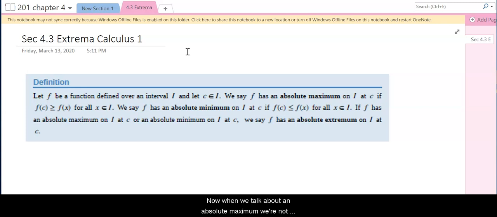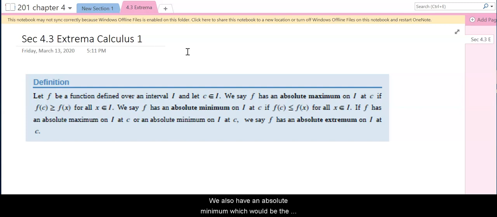Now, when we talk about an absolute maximum, we're not talking about the absolute value. What we're talking about is the highest possible y value anywhere on that graph. So if you think about the Earth, we do have an absolute maximum on Earth, which is basically Mount Everest. The height of Mount Everest is the highest point on Earth.